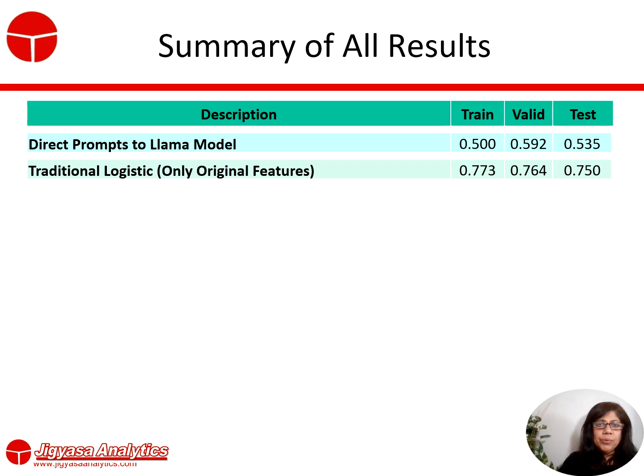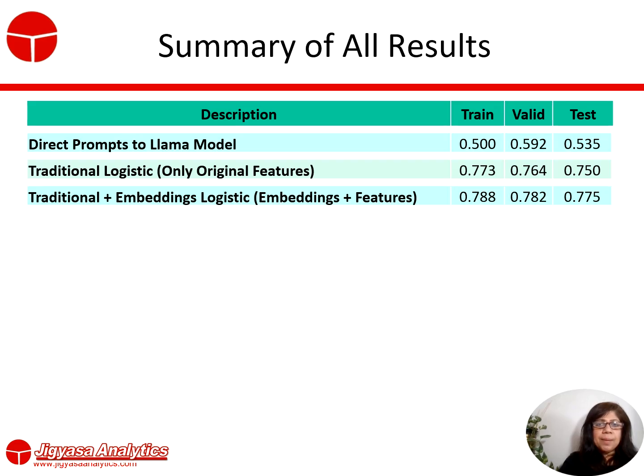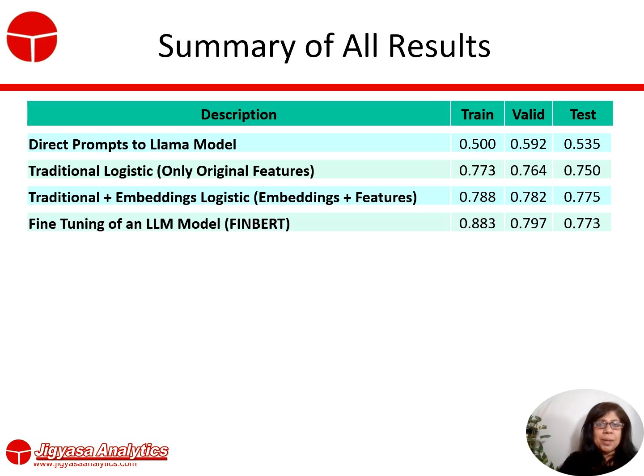At that time, we were also able to extract embeddings from the llama model, and when we used those embeddings as additional features in our logistic regression model, the AUCs went up significantly. We also tried to fine-tune a more specialized LLM model, which is the Finbert model, and found that such fine-tuning significantly increased our AUCs. So the top performing models for our earlier experiments were the fine-tuned LLM, which is shown on the fourth row, and the traditional plus embeddings logistic model, which is shown on the third row in this table.